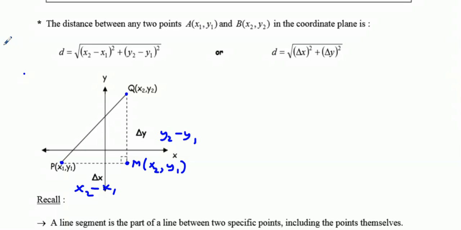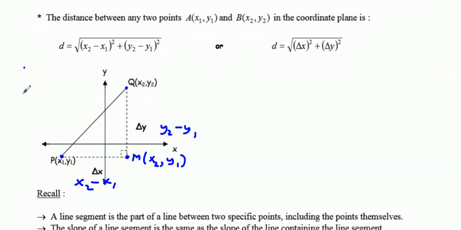Remember, the sum of the squares of the other two sides is equal to the square of the hypotenuse. So this squared plus this squared would equal PQ squared, and then we would take the square root of both sides to get PQ, which is D. D is the distance from P to Q. All right, so that's the distance formula explained.